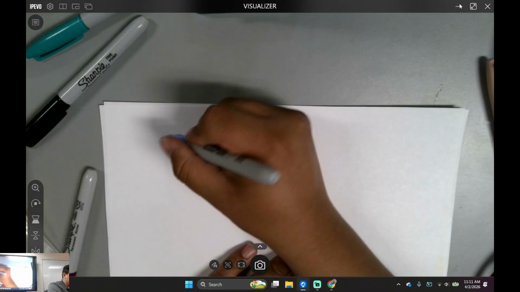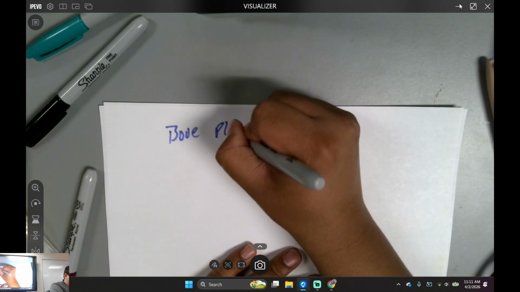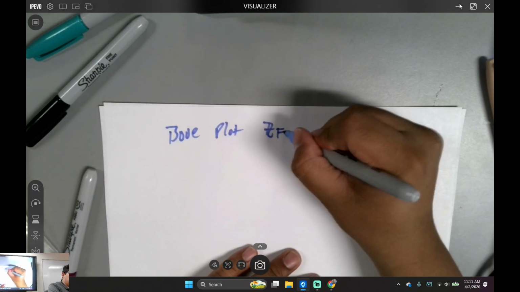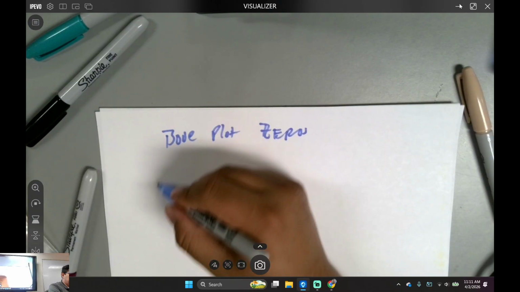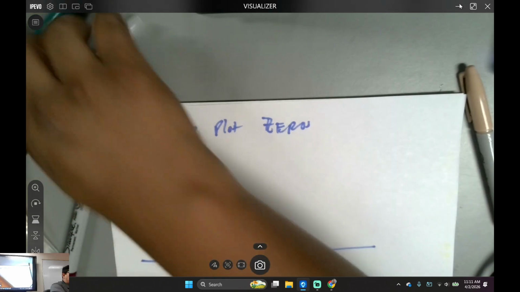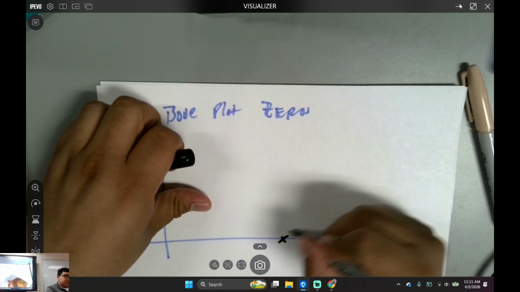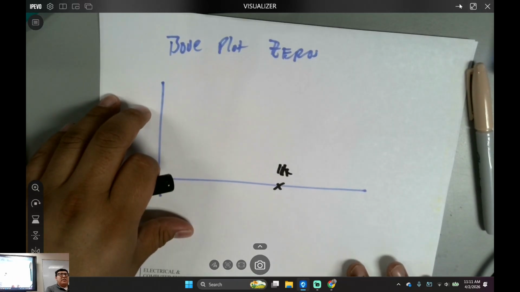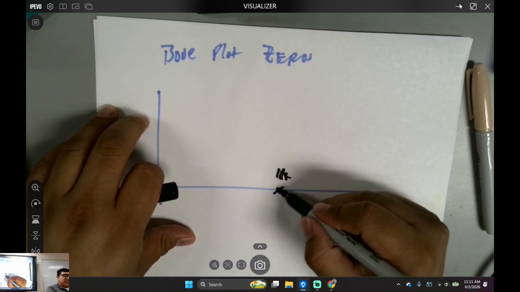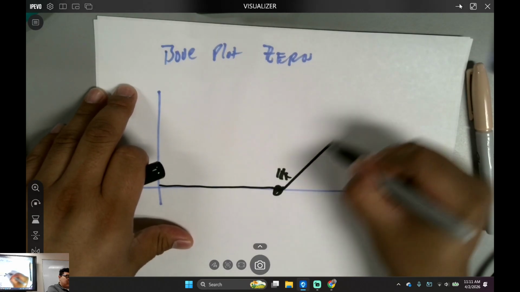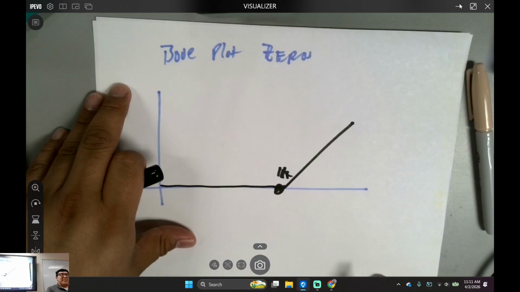I'm gonna show you guys zeros. Or poles, yeah. Zeros, okay? I'm gonna draw it like this. For zeros, 1K. Everyone's going to memorize this. For zeros, they go up like this. Everyone understand what's going on?